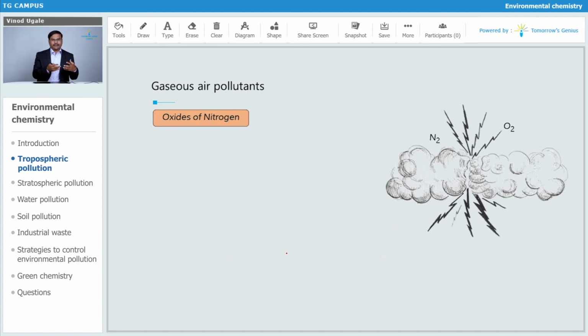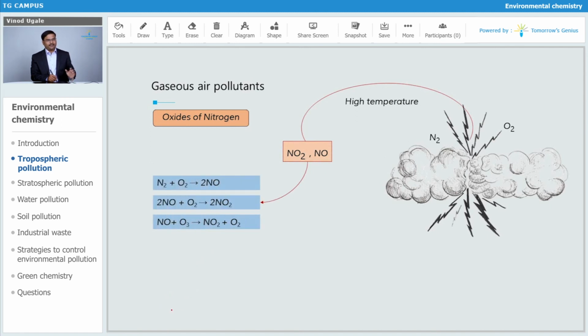Using that heat, that amount of energy, nitrogen and oxygen react with one another and form oxides of nitrogen, that is NO2, nitrogen dioxide, and NO, nitric oxide. Both these gases are highly responsible for a lot of adverse effects on human health and plant life.